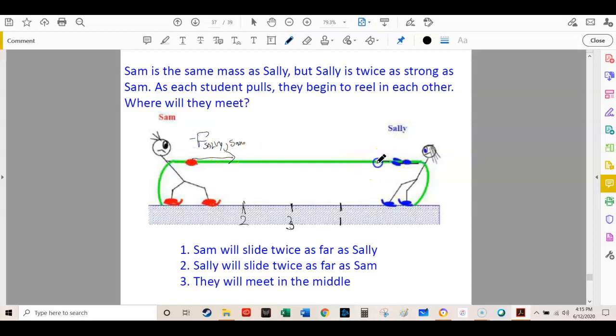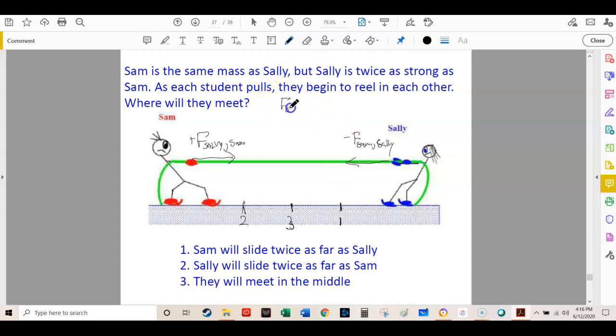And then Sally is going to feel the same force, and we should put a positive there, to the left, and this is the force of Sam on Sally. Okay? Well, these two forces are equal, right?